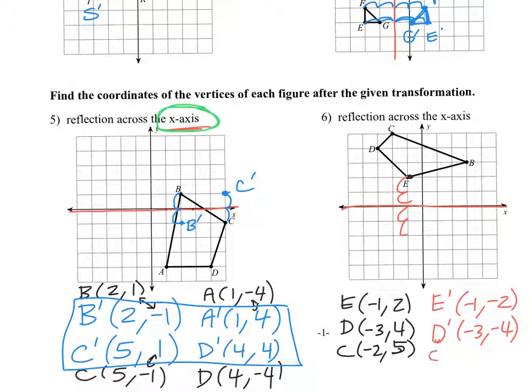So c apostrophe would be at -2, -5. And then the last one, b was at 1, 2, 3, 3. So you switch the y. So b apostrophe would be at 3, -3.